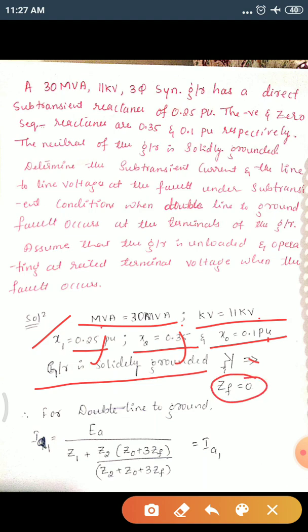For the double line to ground fault, we know this formula. IA1 is equal to EA divided by Z1 plus Z2 into Z0 plus 3ZF divided by Z2 plus Z0 plus 3ZF. We have derived this equation, right? Now you know all these values, substitute here.